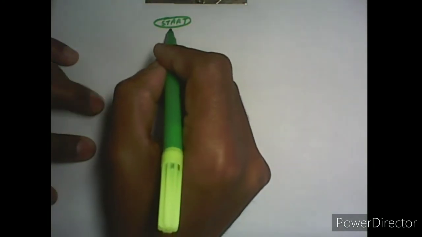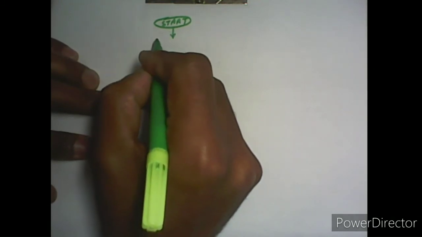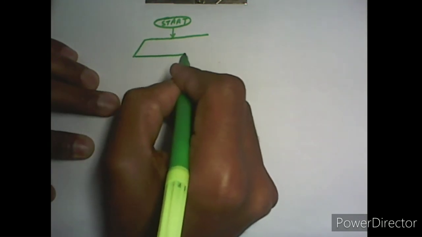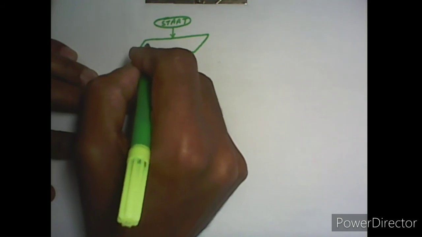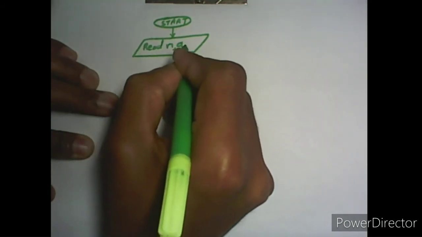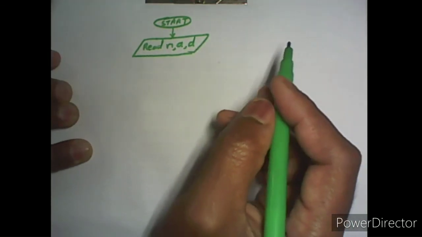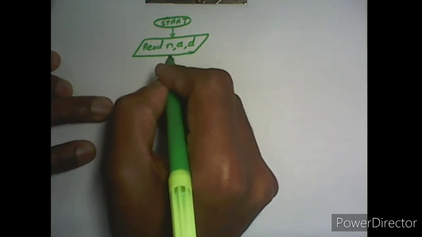We need to start the process, then the flow line, then a parallelogram where we will read or input n, a, and d. That means read the number of terms of the series, the first term, and the common difference.